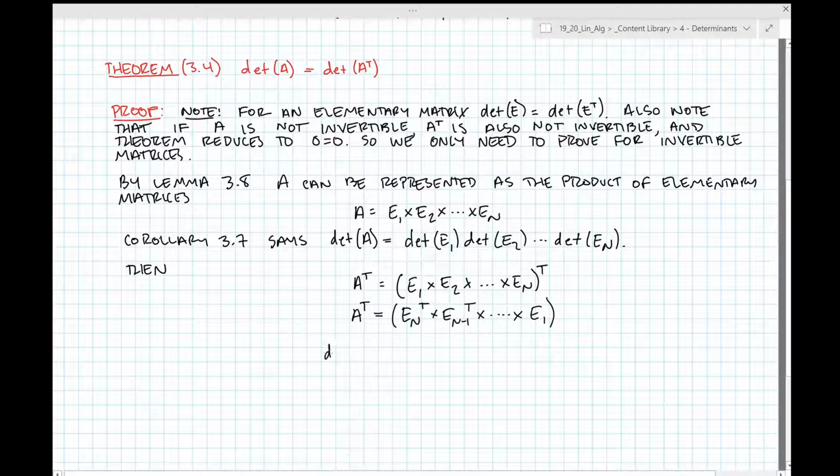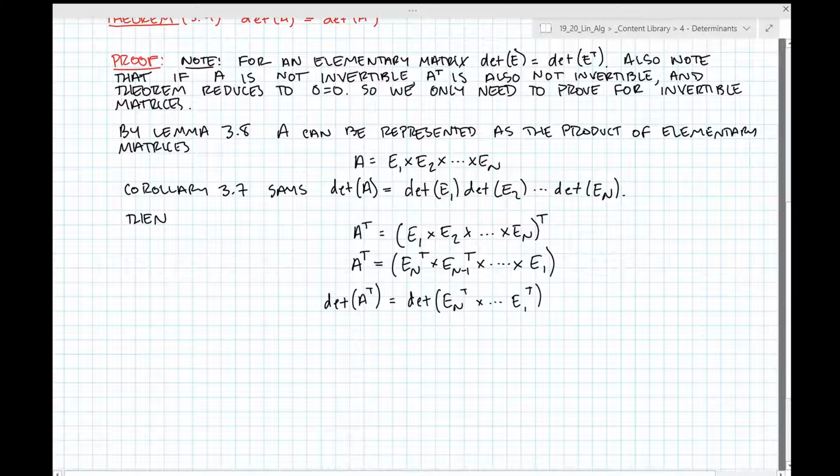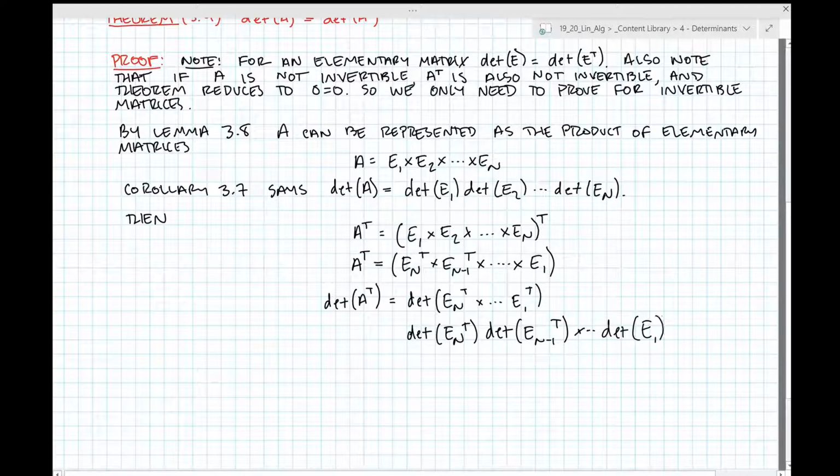But then if I wanted to check the determinant of A transpose, I can take the determinant of En transpose times dot dot dot times E1 transpose. But because these are elementary matrices, this just becomes the determinant of En transpose times the determinant of En minus 1 transpose times all the way down to the determinant of E1 transpose.